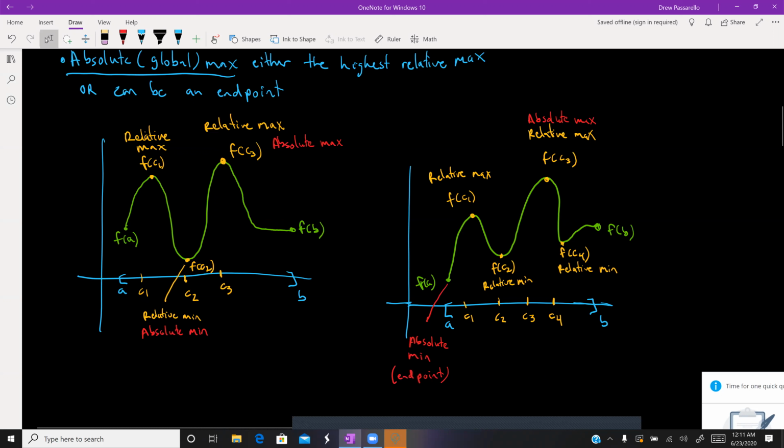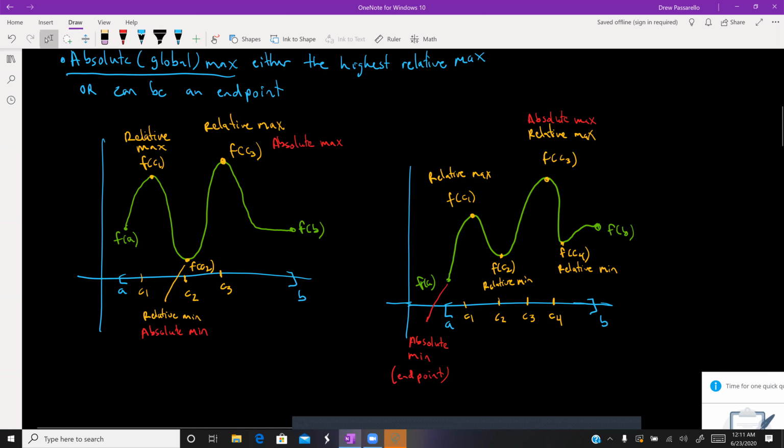For the mins, I have c2 and c4. These are relative mins, but notice I have the endpoint being lower than the relative mins. So in this case, these are just relative mins, and the endpoint itself is an absolute min.